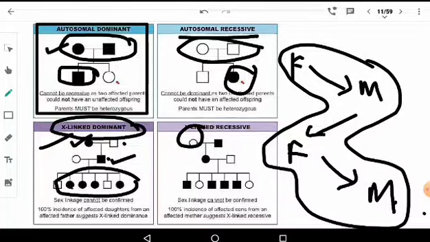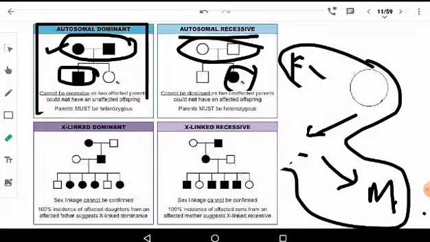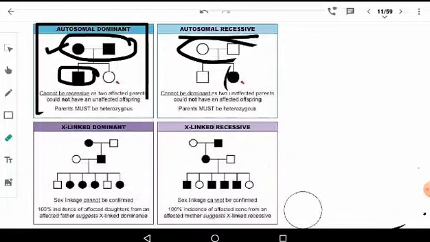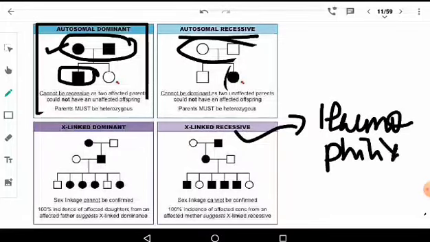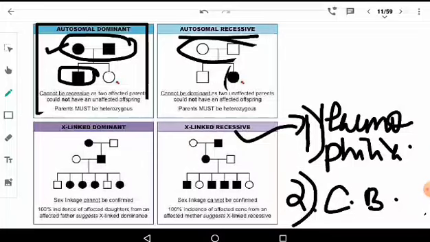Here, the female parent is going to act as a carrier. And some examples which we have in our syllabus for X-linked recessive, that is the most important case: hemophilia and color blindness. Hemophilia and color blindness are sex-linked recessive disorders.